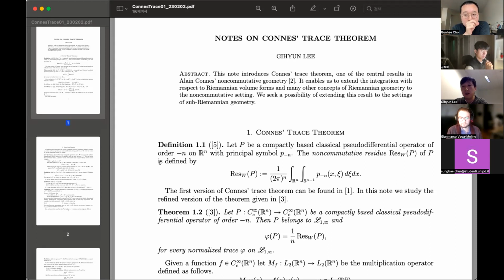And I'd like to seek the possibility of generalizing these results to the settings of sub-Riemannian geometry, or concretely to the Heisenberg group or the contact manifolds or the other examples mentioned in Gianmarco's presentation. But in order to introduce the results from non-commutative geometry, it's inevitable to introduce results from functional analysis.